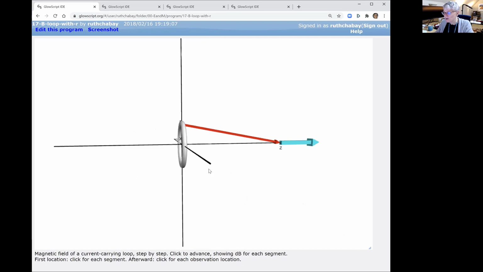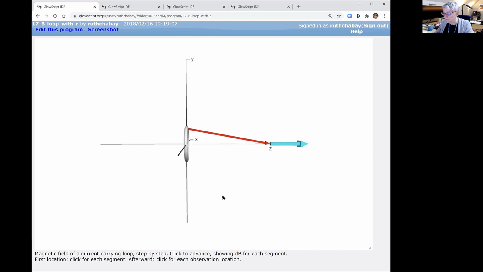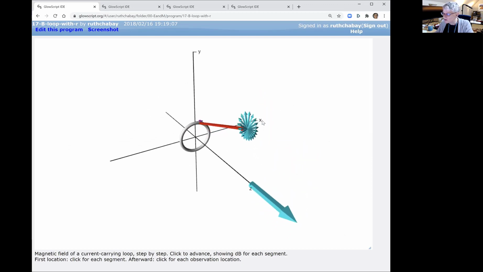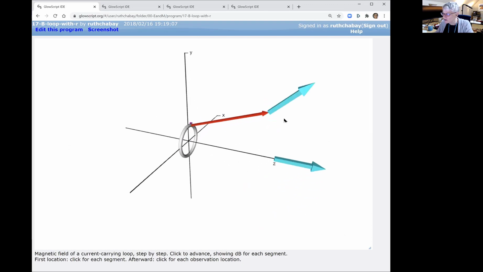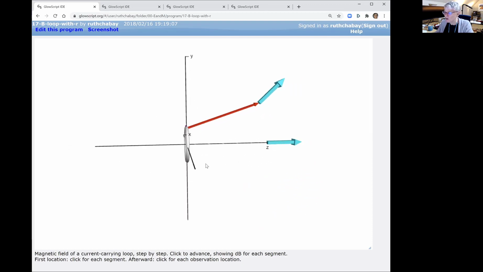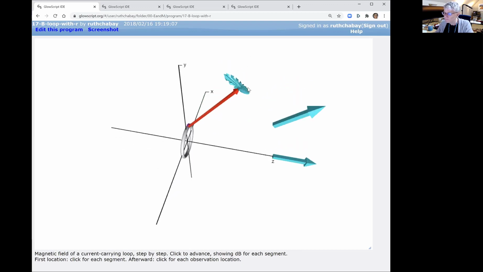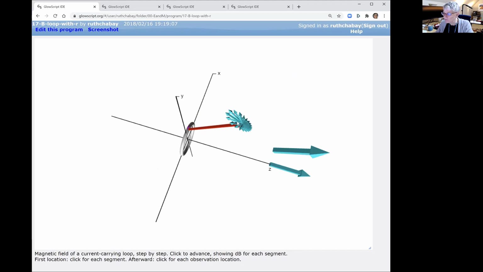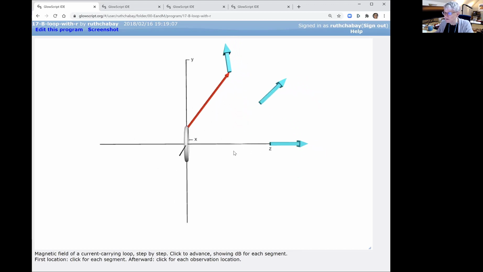Let's look at some other locations. So here it's not quite symmetric. So when we add these up, we're going to get a total net magnetic field that way. Here, pretty asymmetric, so the net field is kind of like that.